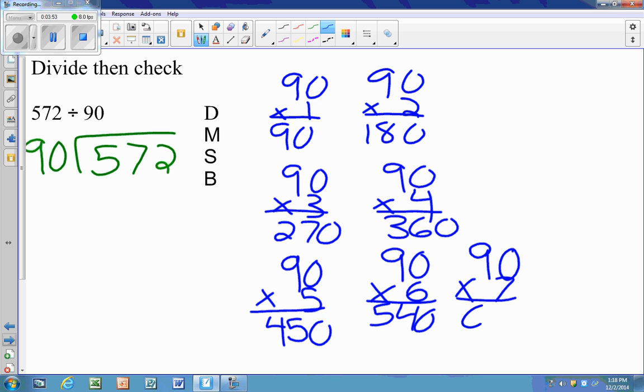Sometimes when I have all of this written out on the side, it might help me to figure out how many times something can go in.